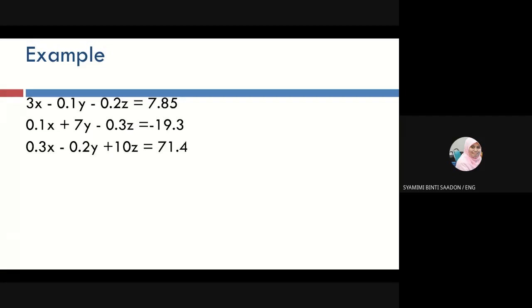Sorry, this is L, not U. Oh, you gave the answer. Okay. Wait, pening sikit. This is L, not U. So that means the one that you give is L: 0.03, 0.1, minus 0.